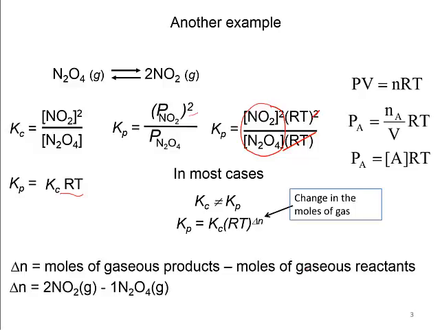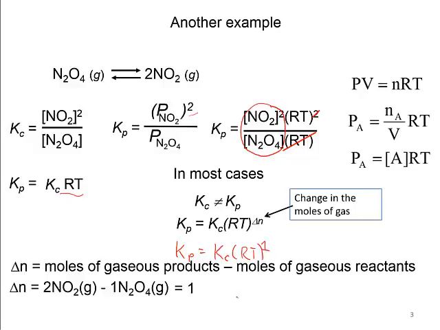In this specific case, we have 2 moles of gas as product minus 1 mole of gas as reactant, and that means the change in number of moles is 1, and so for this case Kp equals Kc times RT to the 1, which is what we got when we canceled RTs.